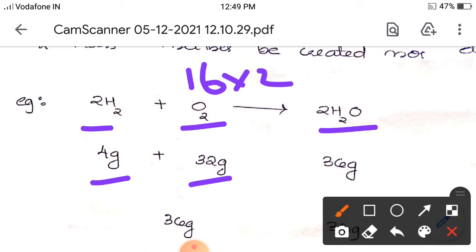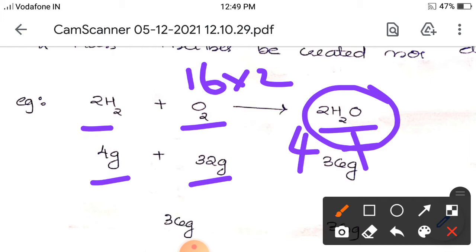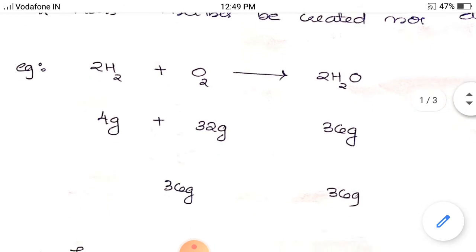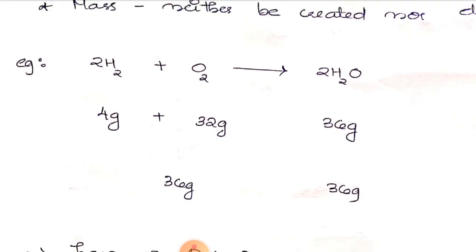The whole mass of the 2H2O is 4 plus 32, that is 36 gram. So from the reactant side and the product side, it is 36 gram and 36 gram, that is, the mass on the left side is equal to the right side.